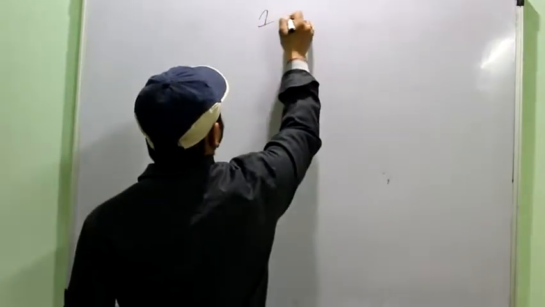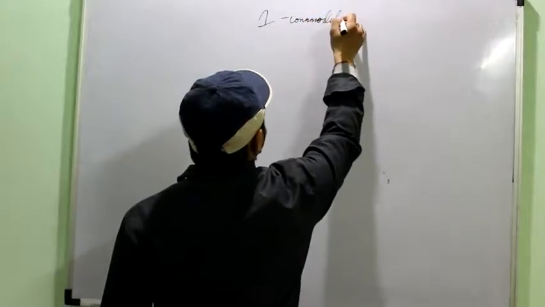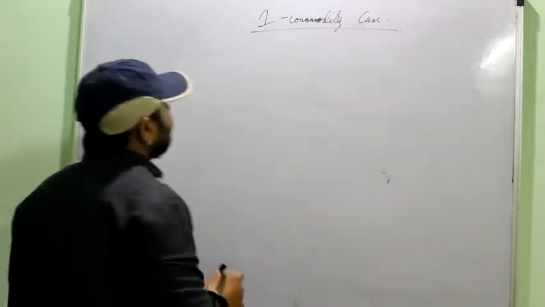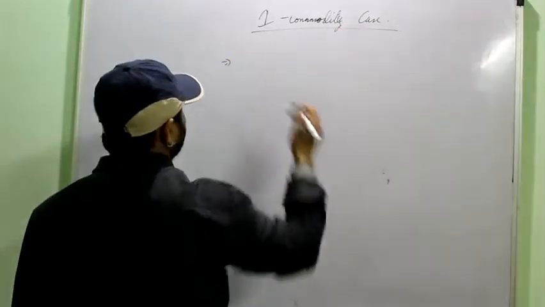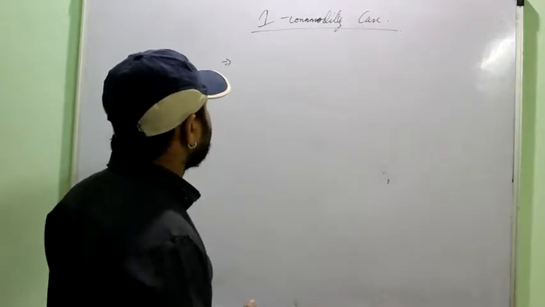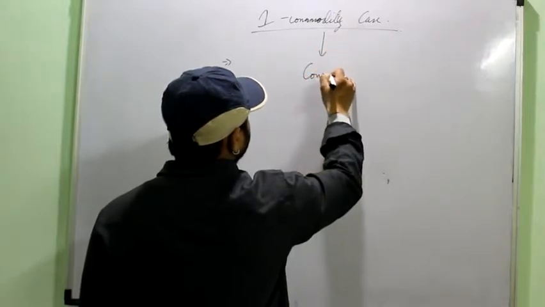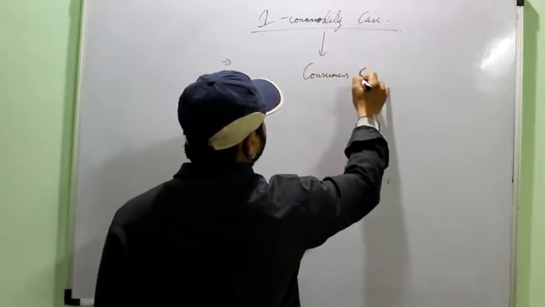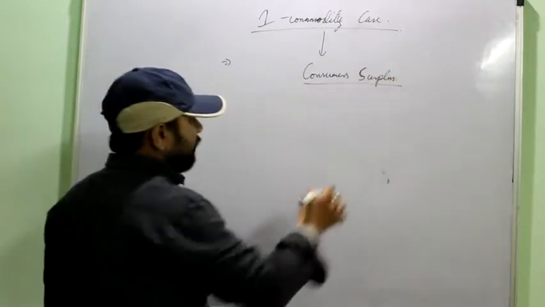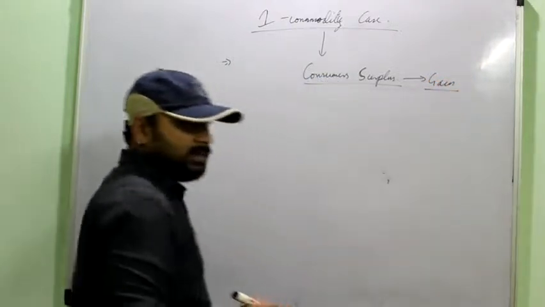Now the one commodity case. As we talked, the consumer is assumed to consume only one commodity, and this particular approach is based on consumer surplus. Consumer surplus simply means the gain which the consumer can get.